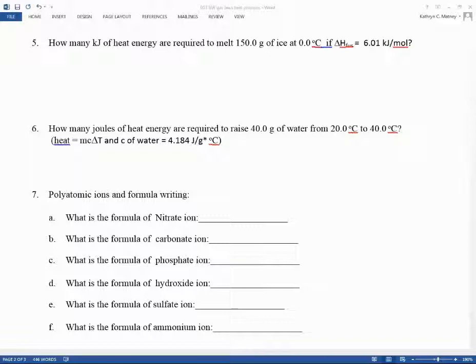All right, real quick. What's the formula of the nitrate polyatomic ion you and I have to start memorizing? NO3 to the -1 charge. What's the formula of the carbonate ion? CO3 to the -2 charge. What's the formula of phosphate ion?